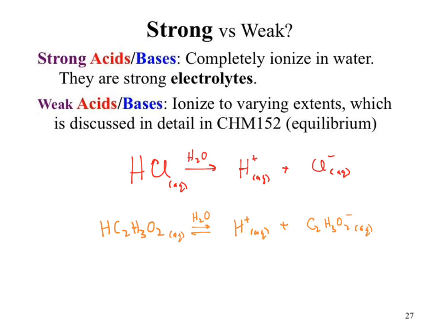How do I know HCl completely ionizes in water according to that equation? When I look at the HCl arrow between the reactants and the products, where does the arrow point? For HCl, it goes only to the products, which means at no point do I have unionized HCl floating around. I have H plus and I have Cl minus.